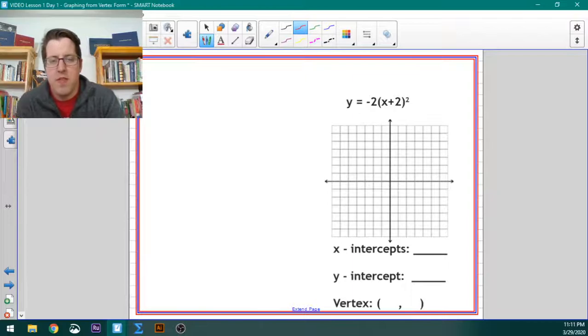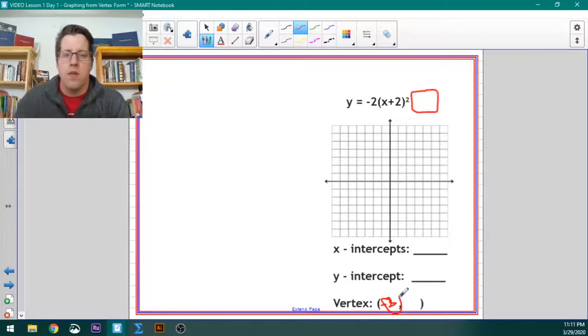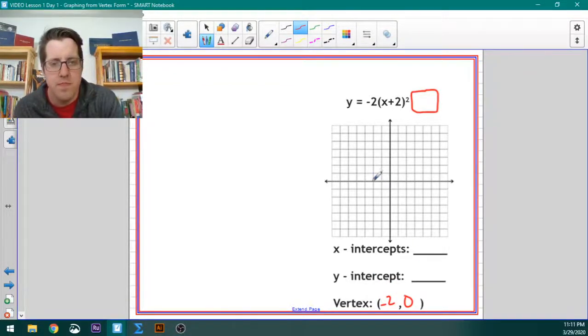Now, something that makes this problem a little bit more challenging is that there is no number out back. So our vertex here is going to be -2, 0. Our changes are going to be 1, 3, 5, 7, but multiplied by -2.